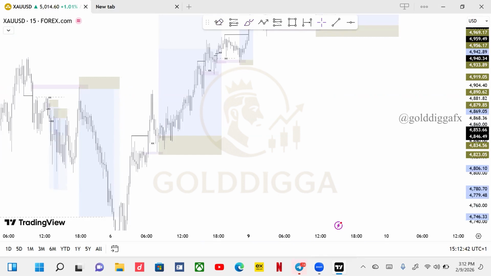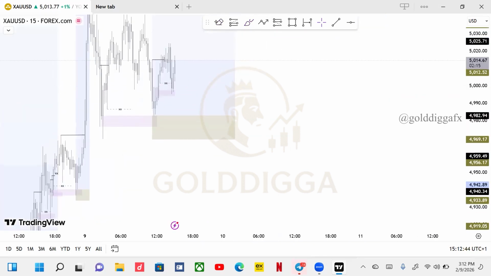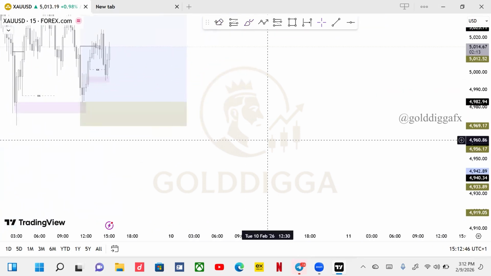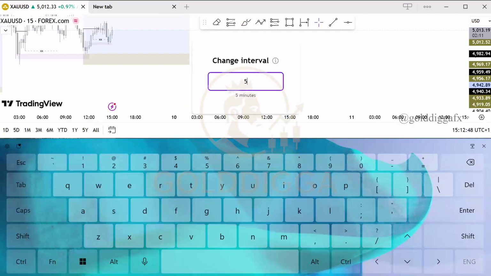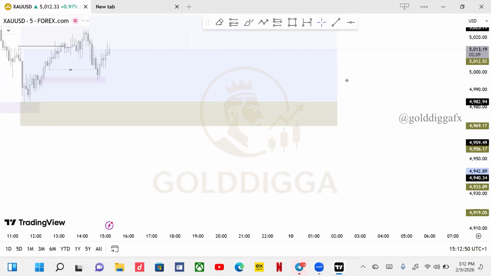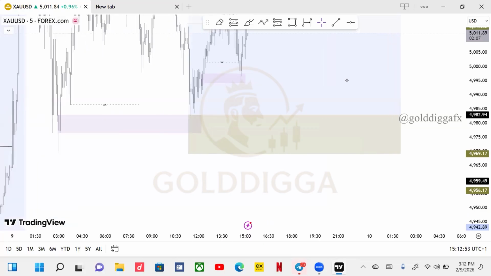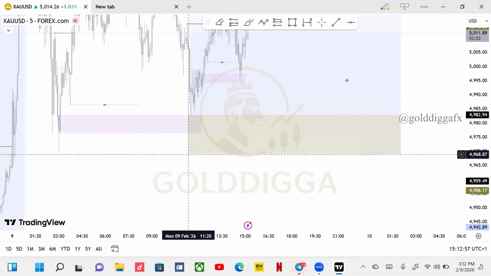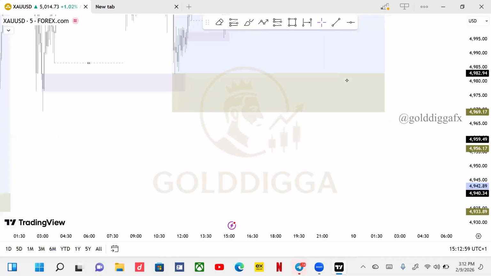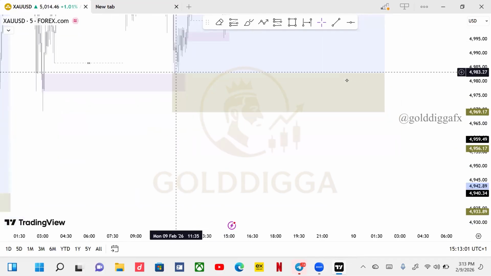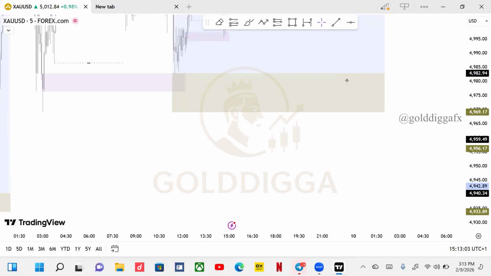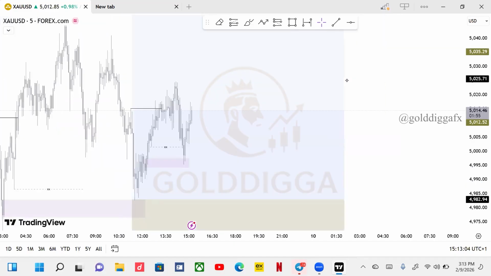This one just happened to be sniper. But if you watched, I kept my SL below this low, to give room in case price decides to make its way down to the 5 minute support, because price could be crazy at times. So it just happens to give me a sniper entry here. I'm not a fan of sniper entries.